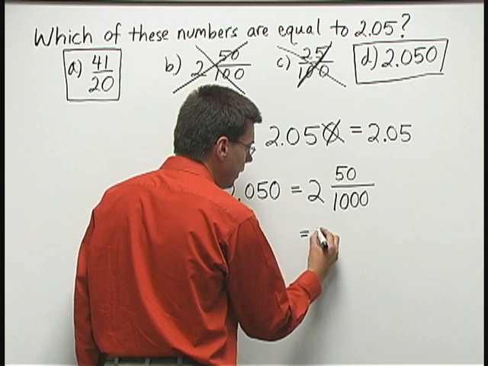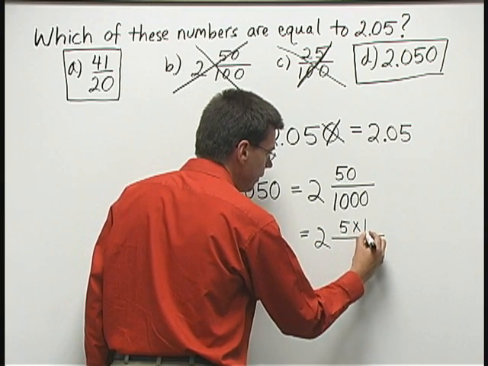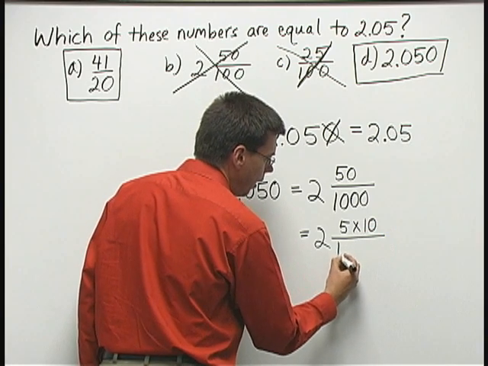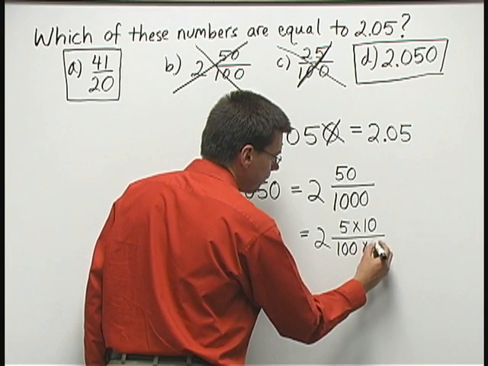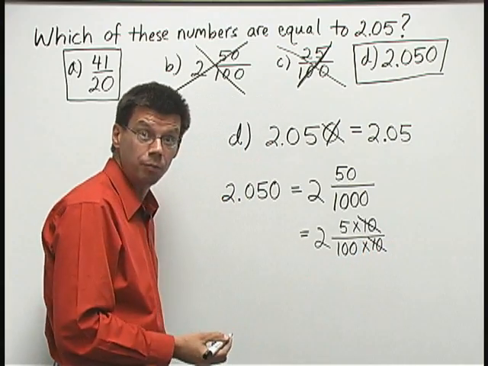We could write that as 2 and 5 times 10 over 100 times 10. In other words, I could cancel a 10 above and below.